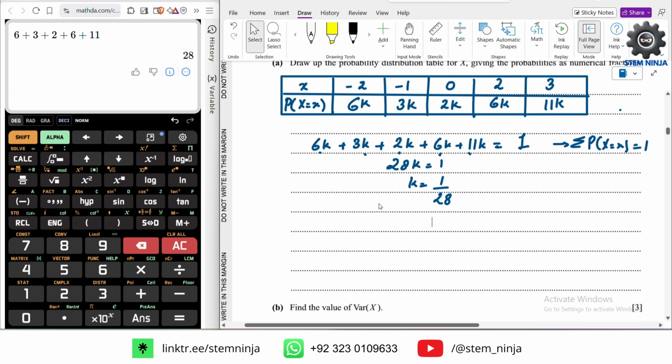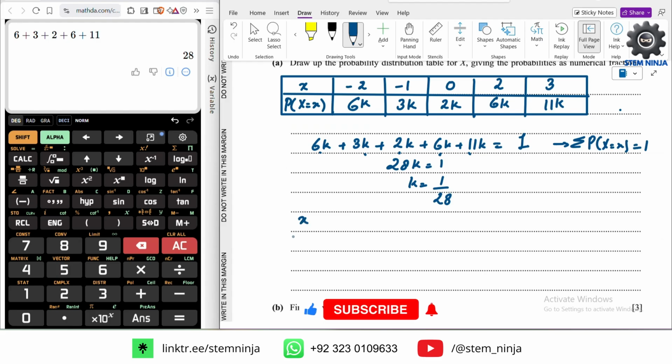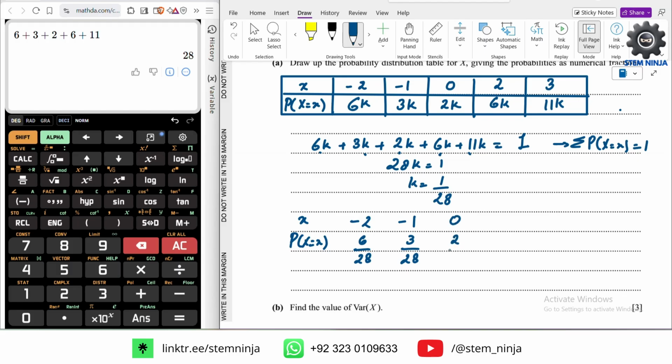Now we rewrite this table again. For -2, it's -6 over 28. -1, 3 over 28. 0, 2 over 28. 2, 6 over 28.